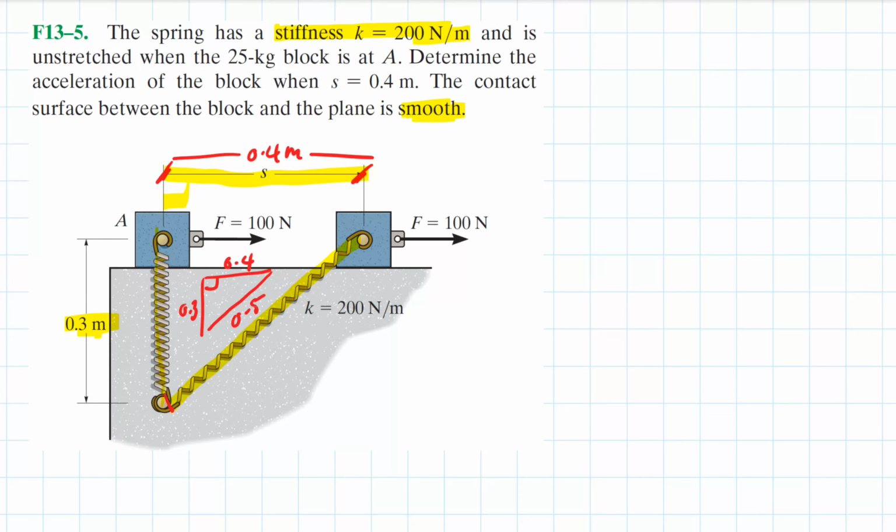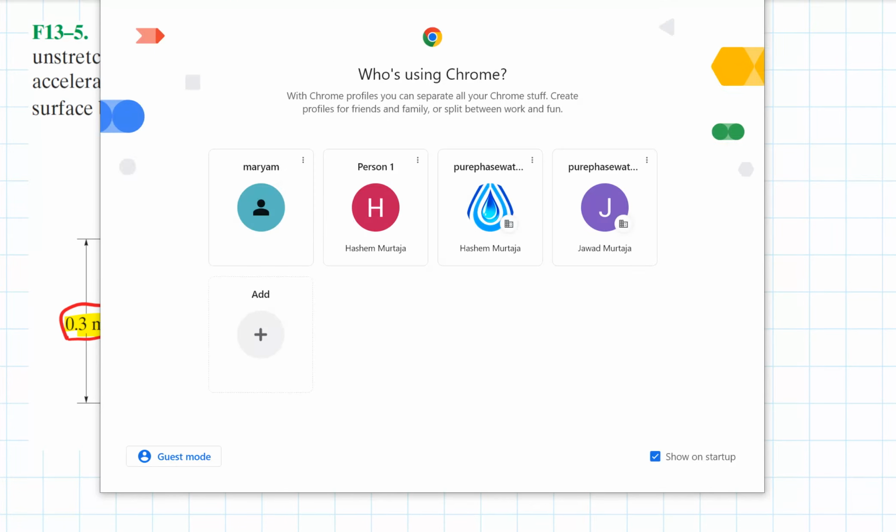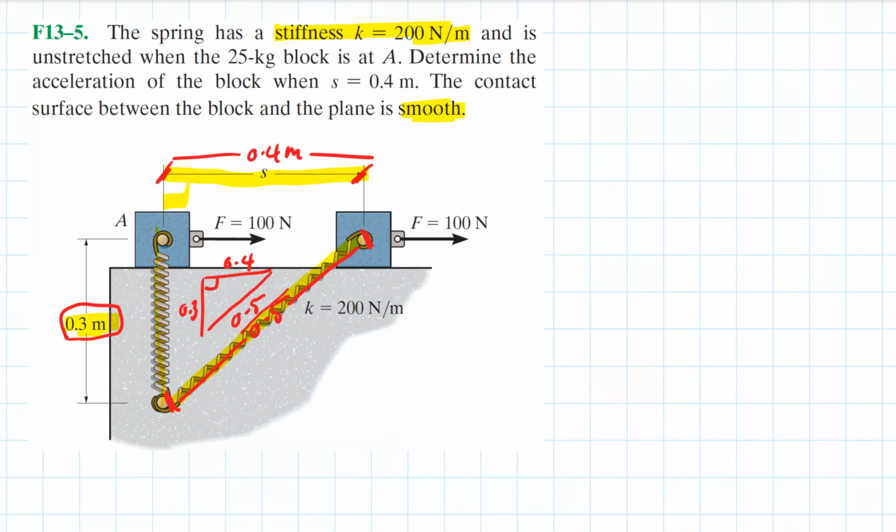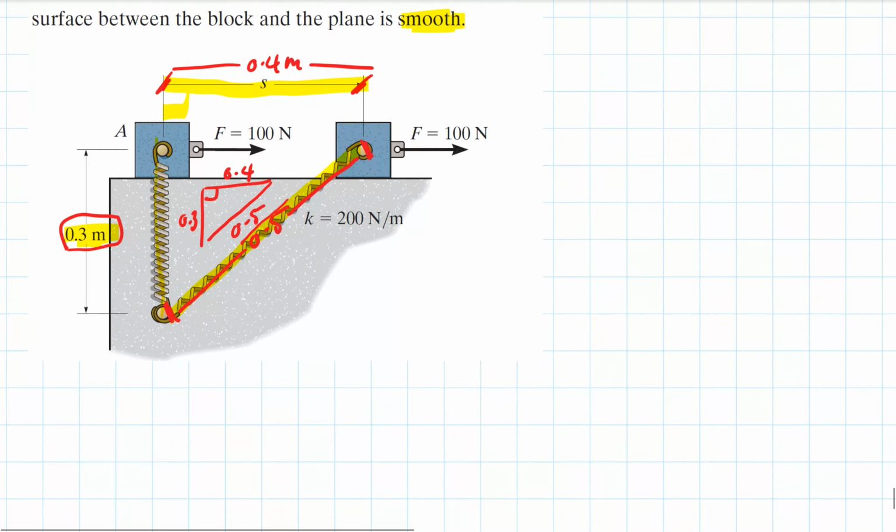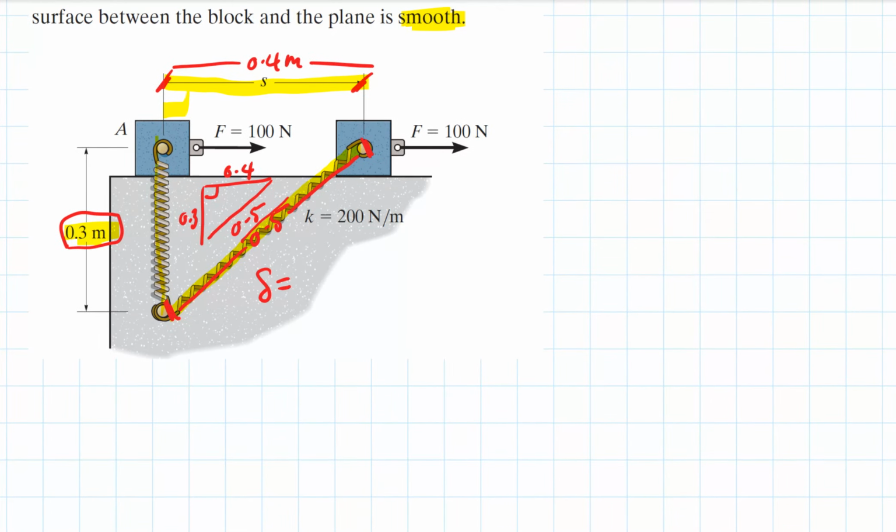So that tells us that the distance from here to here is 0.5. So how much did the spring stretch? Originally it's at 0.3, right? And then stretched, the new distance is 0.5. So the difference between 0.5 and 0.3, the displacement, is 0.2.